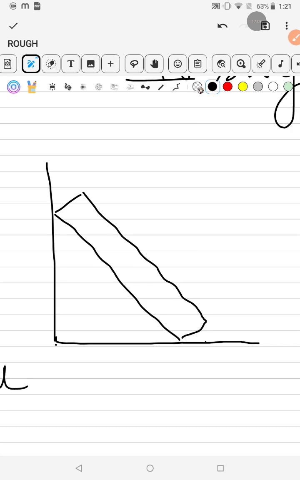Okay, it's quite wiggly, but pardon. And this is the point of contact here, and this is the point of contact here. Okay, we have marked the points of contact.